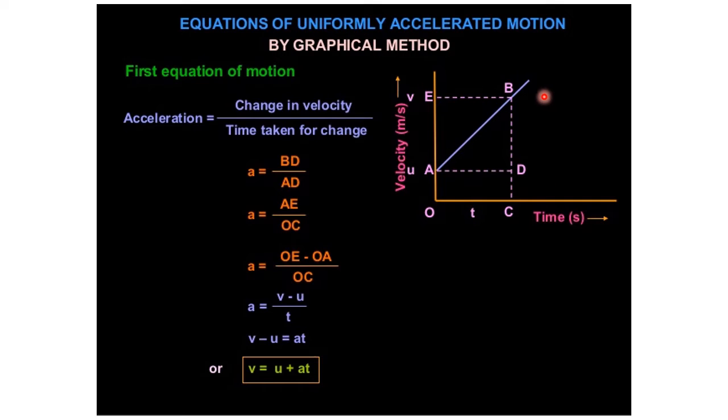Here you can see that BC can be written as BD plus DC, or we can also write BD equals BC minus CD.